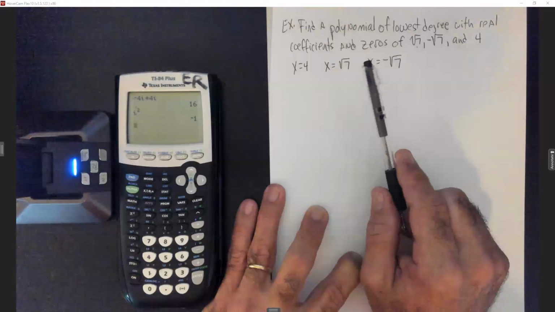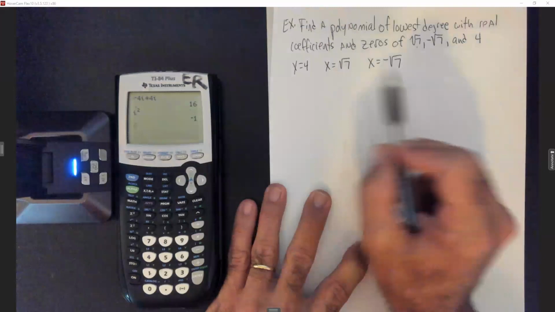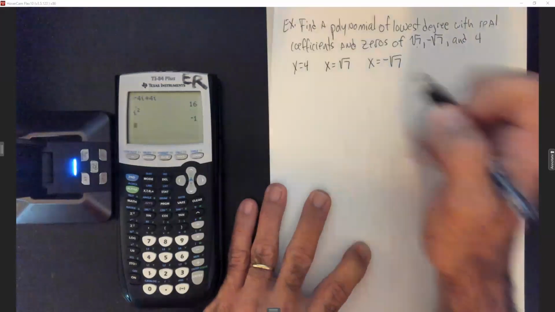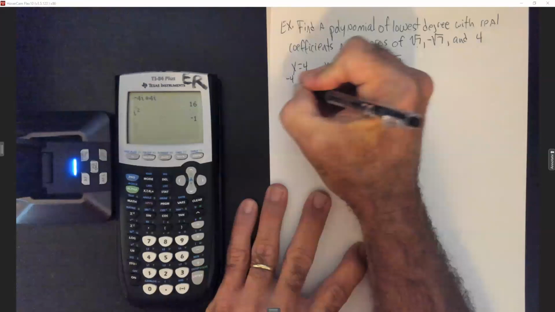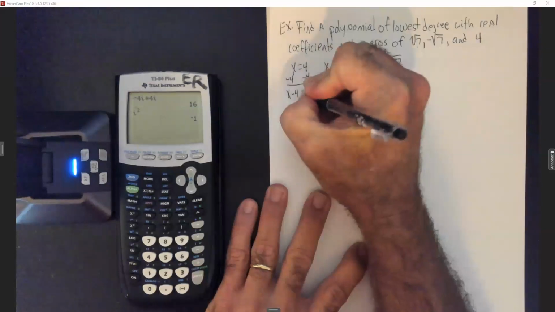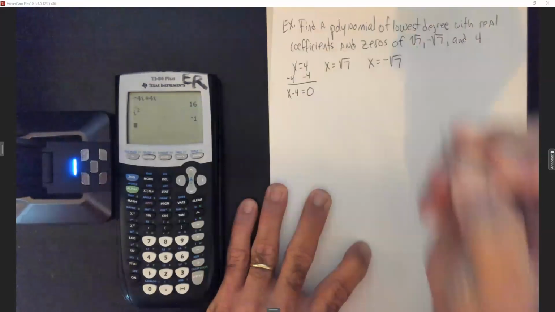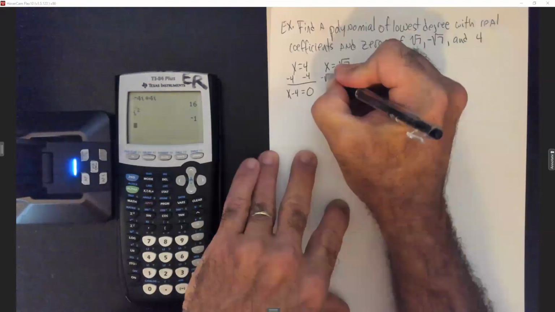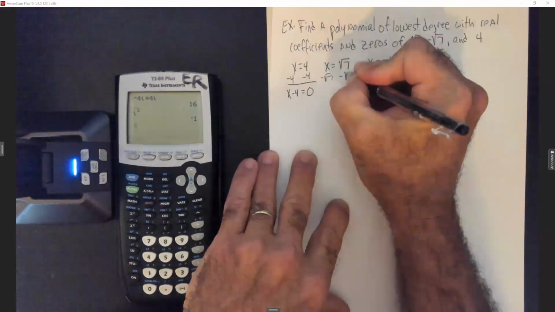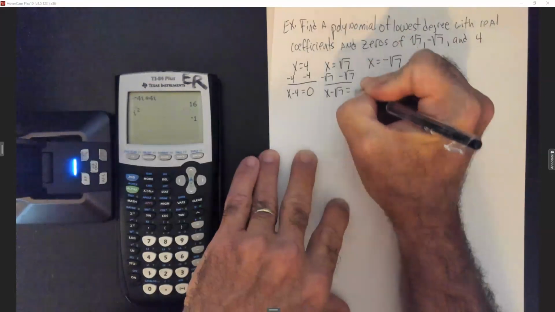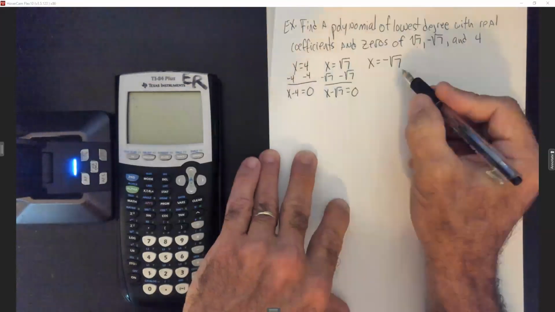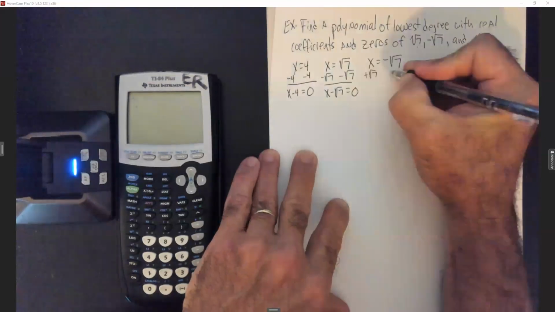So get zeros on the right side by subtracting and adding. So I'm going to subtract 4 from the first one because that 4 is positive. So x minus 4 equals 0. I'll subtract square root of 7 from the second one. And then on the third one, we'll add the square root of 7.